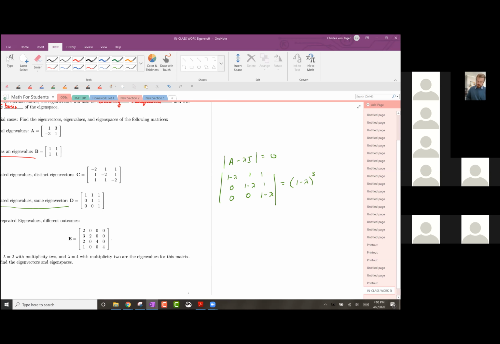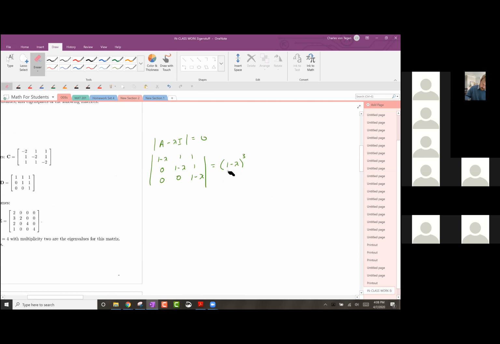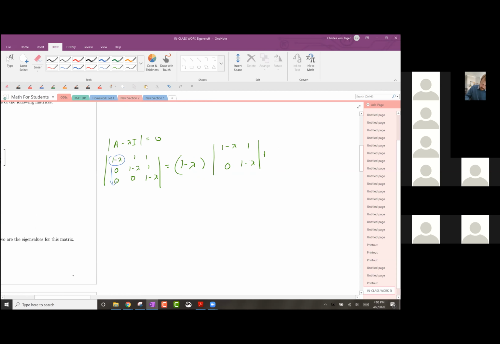Should we do it? Yeah, let's do it. Since it's triangular, it makes sense to expand this way. You'd have 1 minus lambda times the determinant of 1 minus lambda, 1, 0, 1 minus lambda. Then, continuing to expand by minors, minus 0 times the next determinant, and plus 0 times the next determinant.